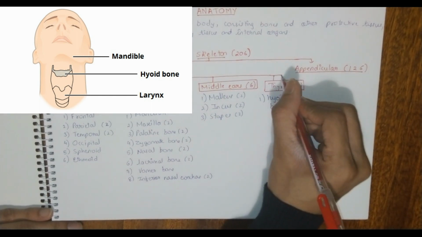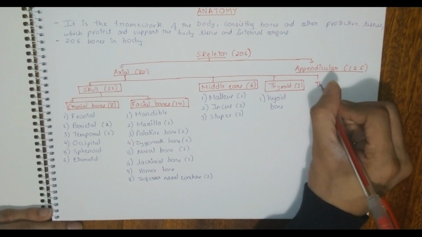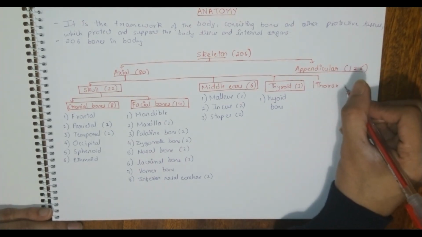After hyoid comes thorax. Thorax contains 25 bones.